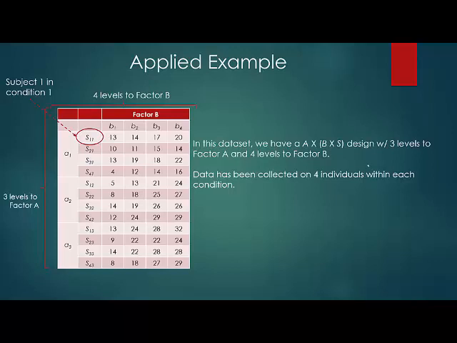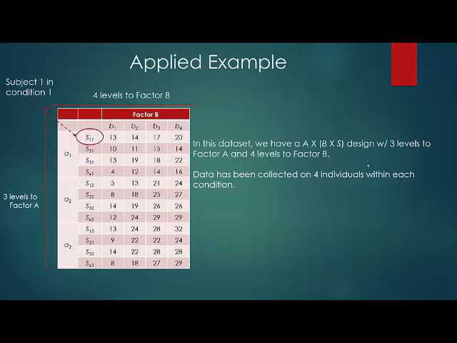And then for the next one down, S sub 1-2, that would be the first participant in the second level of factor A, so this would be teacher number 1, for example. And then we have individual S's all the way down. In this case, we have 12 rows.